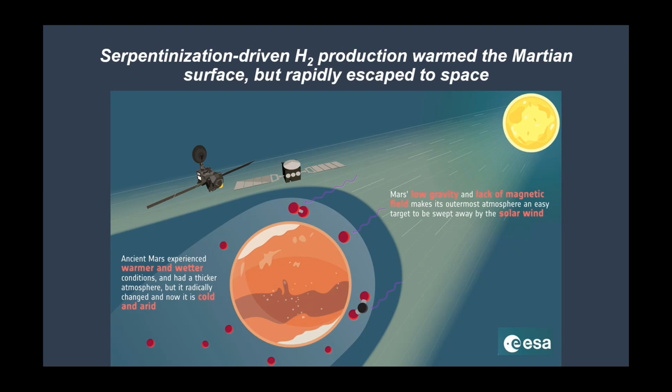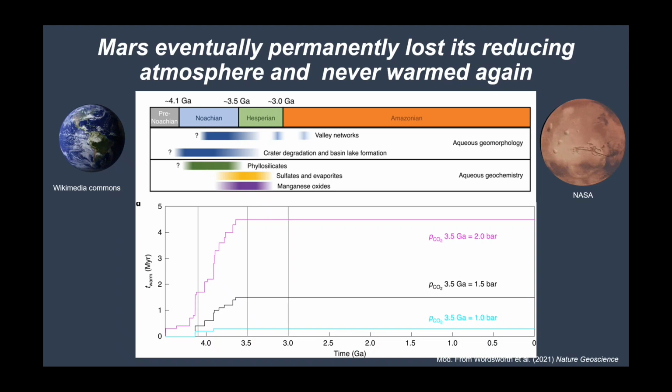Of course, the escape rate is proportional to the hydrogen concentration in the atmosphere, so as you build it up in higher proportions, it escapes even faster. And then ultimately that hydrogen escaped. So Mars eventually permanently lost its reducing atmosphere and then never warmed again. And so that's why these plots in the Wordsworth model essentially hit a peak in the number of years above freezing and then have never returned again.